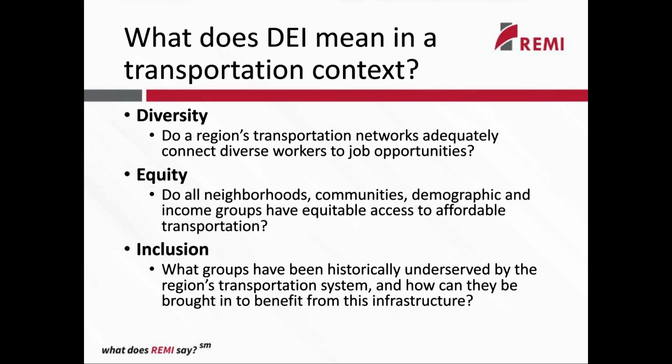When we talk about equity, we're thinking about whether all neighborhoods, communities, demographic groups, income groups, etc., have equitable access to affordable transportation, or is anybody being left behind? And when we talk about inclusion, we're thinking about what groups have been historically underserved by a region's transportation system. And the key question there is, how can we bring everybody in to benefit from transportation infrastructure and transportation systems?